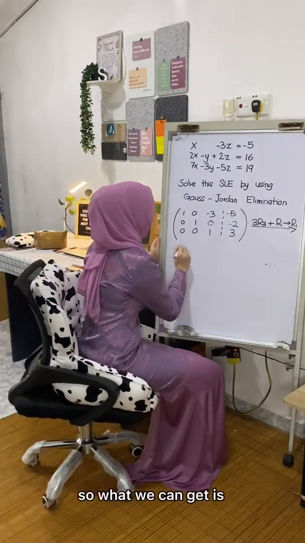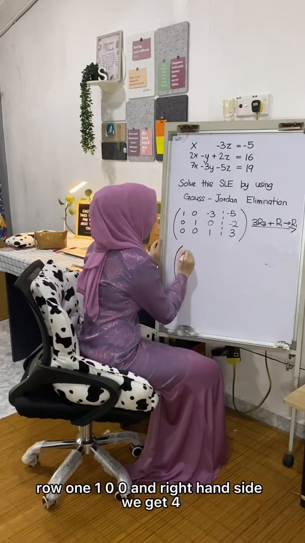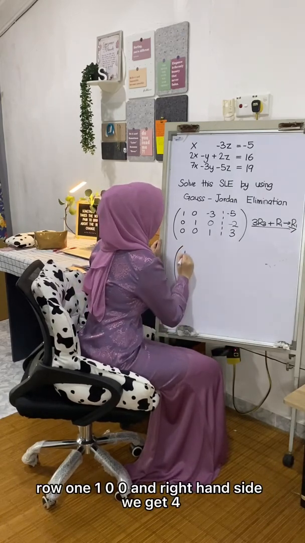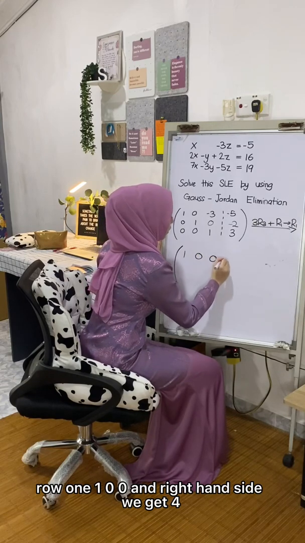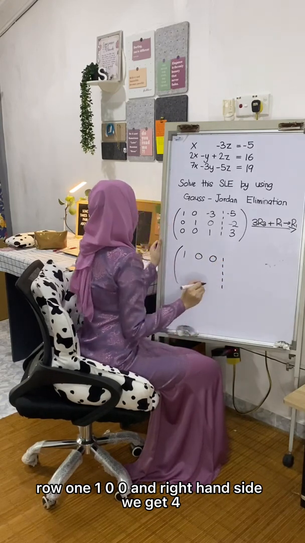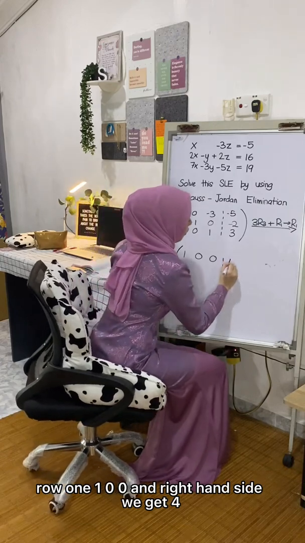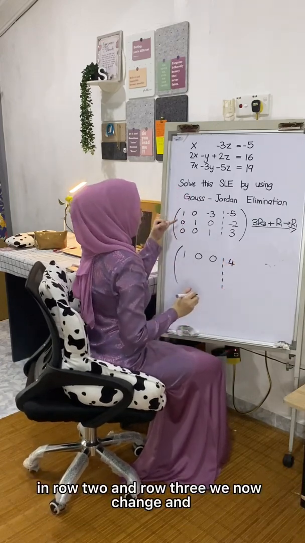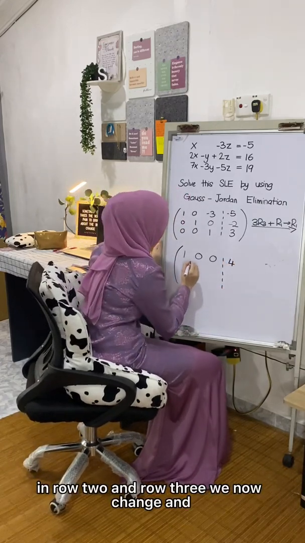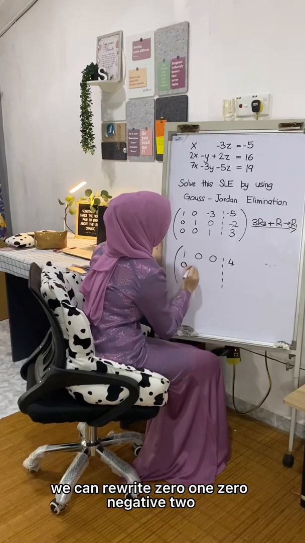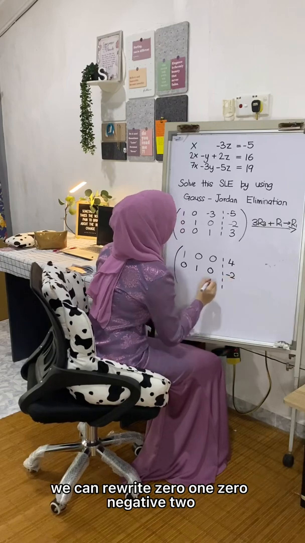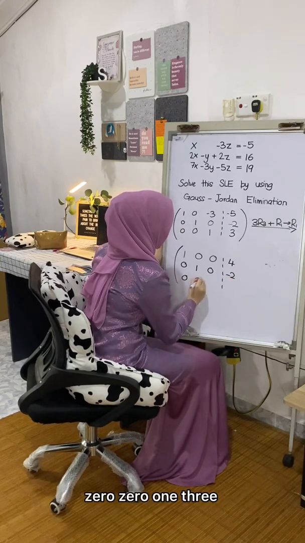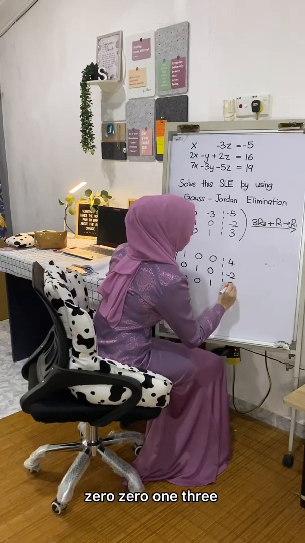So what we can get is row 1, 1, 0, 0, and on the right hand side we get 4. In row 2 and row 3 we do not change, and we can rewrite 0, 1, 0, negative 2, 0, 0, 1, 3.